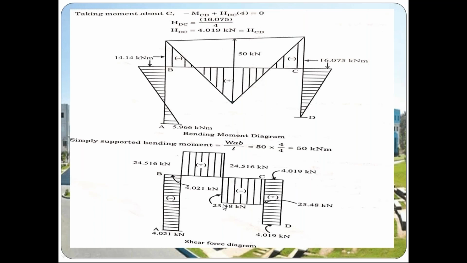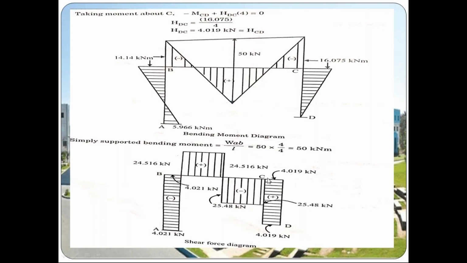It comes below the baseline, downwards, horizontally. At point C we have an upward force RC, with value plus 25.48, so minus 25.48 plus 25.48 is 0.